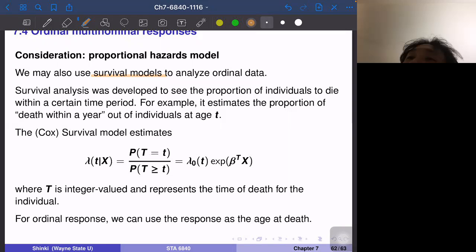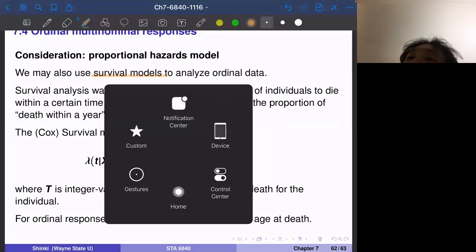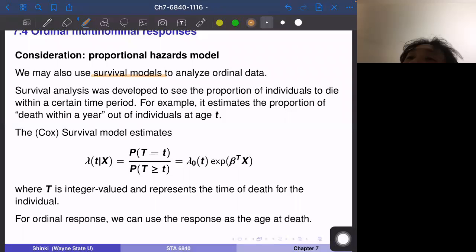Or more traditionally, it estimates the proportion of deaths within a year. We pick all healthy people at age 60, and see how many of them die within 1 year. That is a central issue in health and life insurance, and it can be modeled by these survival models.